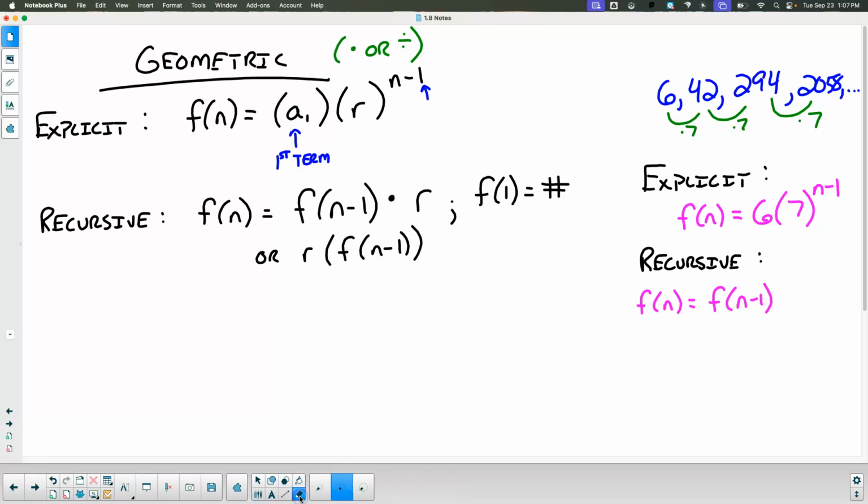Oops, I like this better. 7 times f of n minus 1 with f of 1 being 6. Give you a moment to get that copied down.